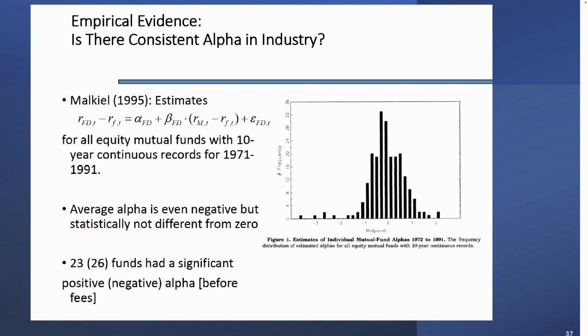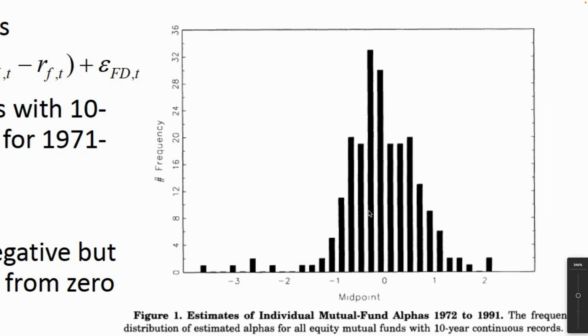Okay. So according to the CAPM, there is no alpha. Right? And he confirms that. Alpha is 0. You also see what it means to have a random variable. Some values are positive, some are negative, but statistically speaking, you cannot reject the hypothesis that the true alpha is 0. And this is before fees.